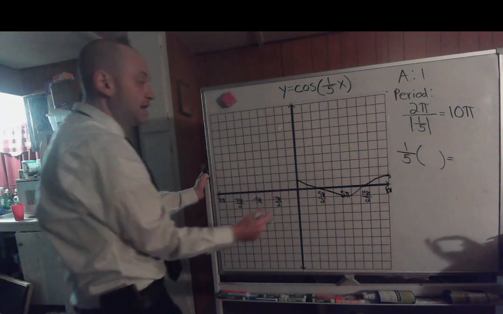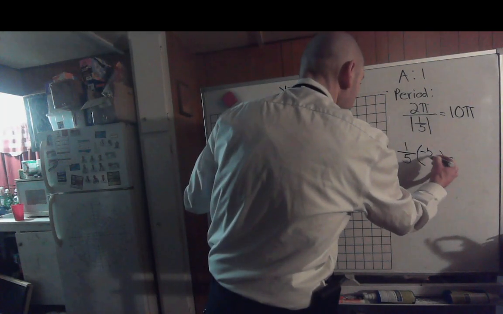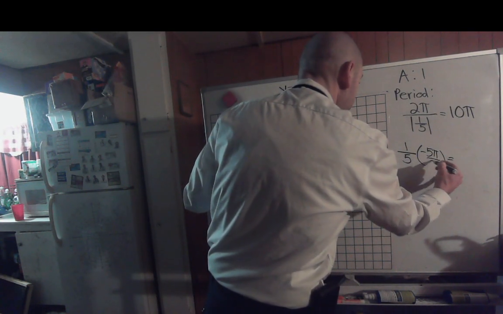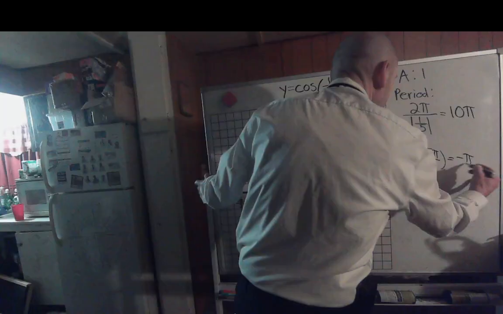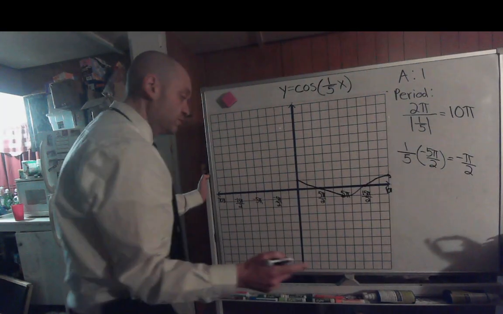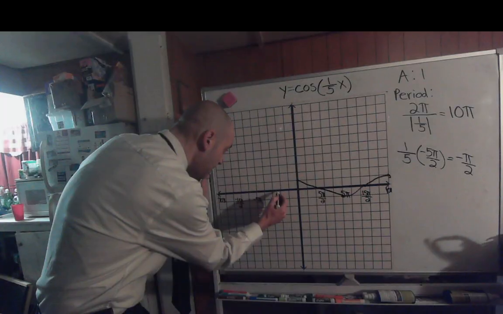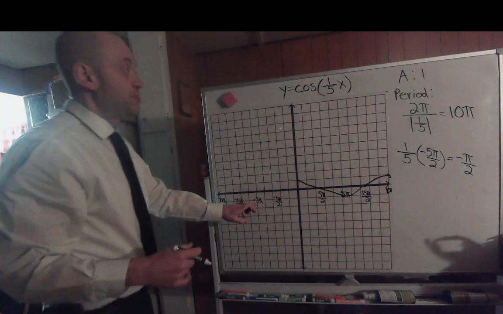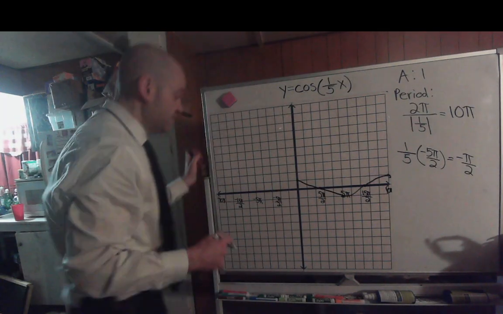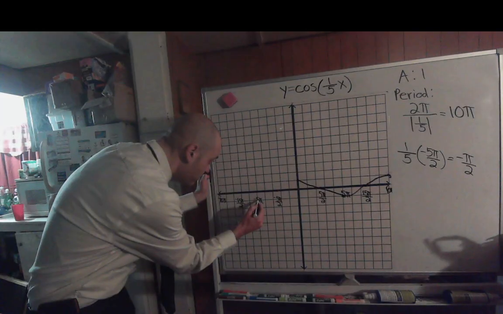Now let's do -5 pi over 2. A fifth of -5 pi over 2, that'd be the same as the cosine of -pi over 2, which would also be 0. Then put in -5 pi, you would end up getting the cosine of -pi, which is -1.